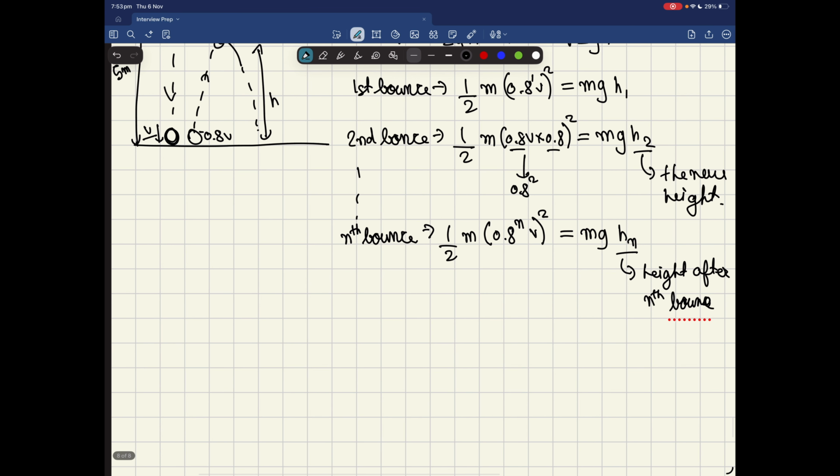Now we can take this out and say 0.8 to the 2n, because it's squared, times m times v squared divided by 2 equals mghn.